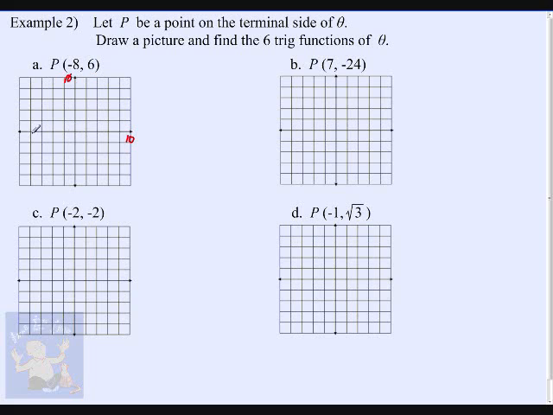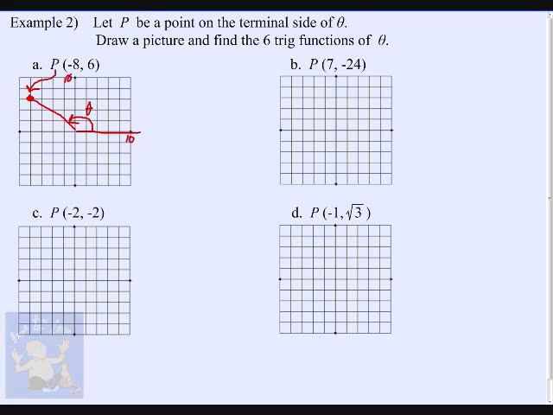So -8 for my x takes me over here, and a +6, so I end up right here. Make it a big dot, I guess. And my angle, my theta in standard position is right here, isn't it? This is my theta. I don't have to know what theta is as long as I know what this point is, and I do.